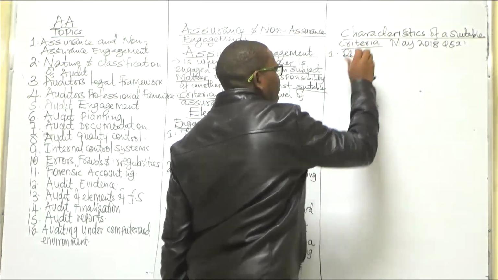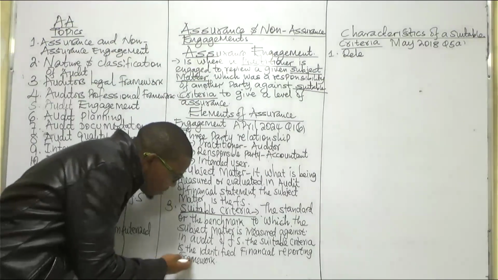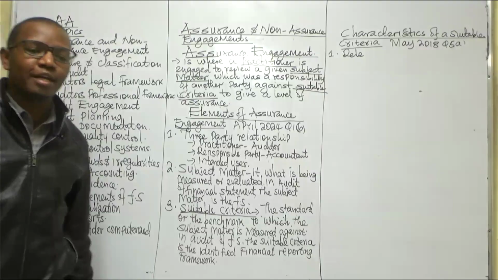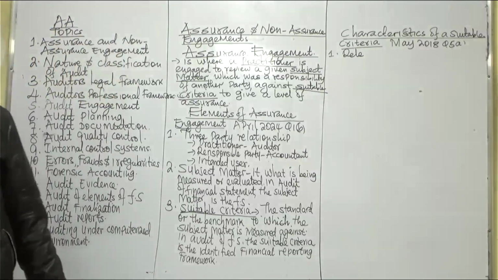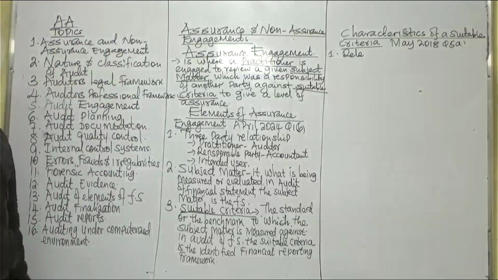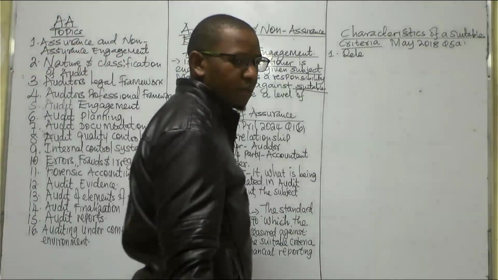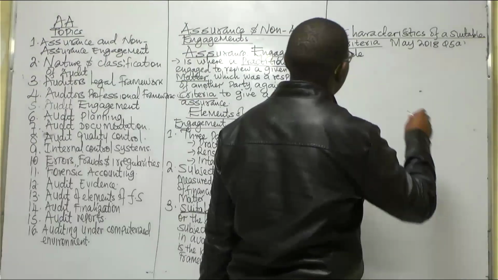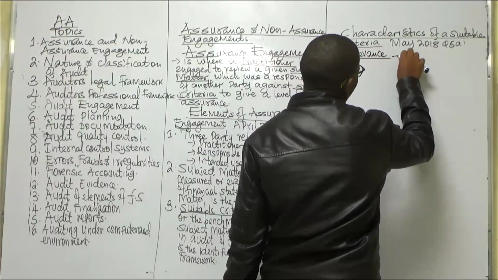Number one, when I talk of suitable criteria, generally, we are talking about the characteristics of the identified financial reporting framework. So number one is what we call relevance.